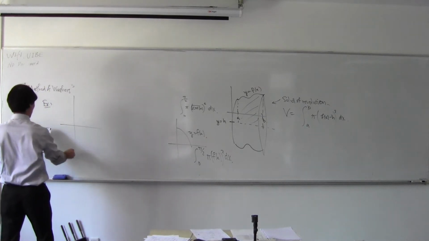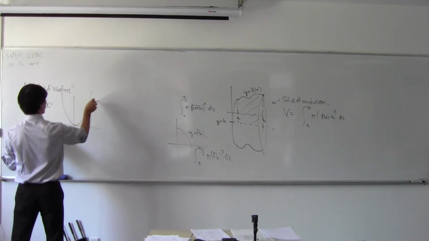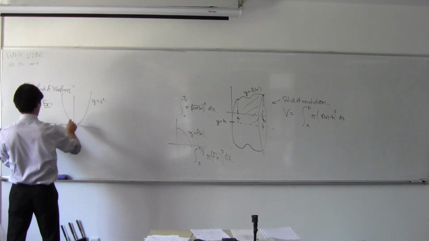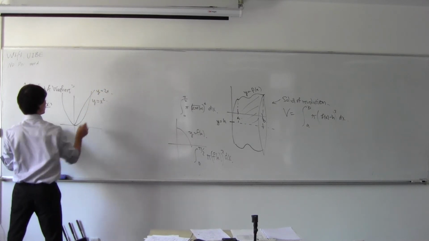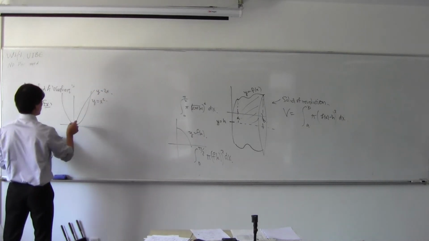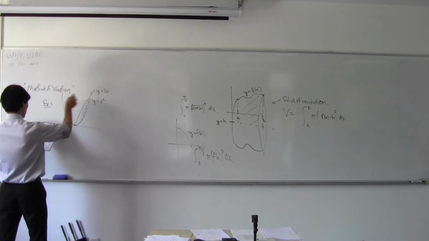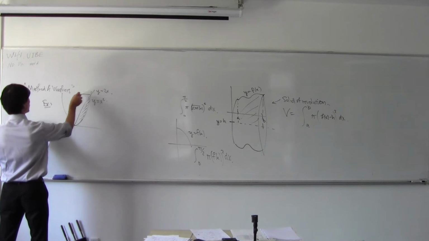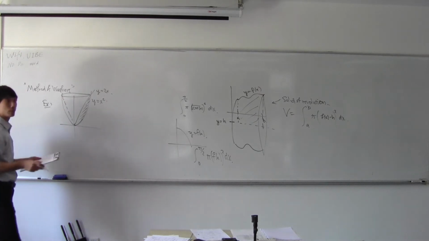Somebody gives you y equals x squared, and also gives you y equals 2x. And says, rotate that thing about the y-axis.